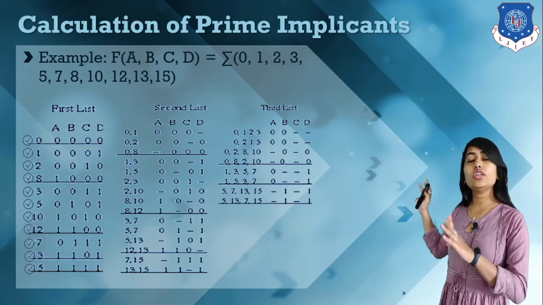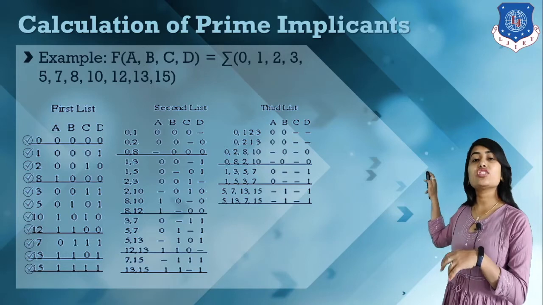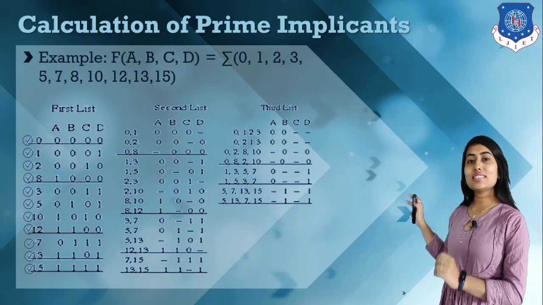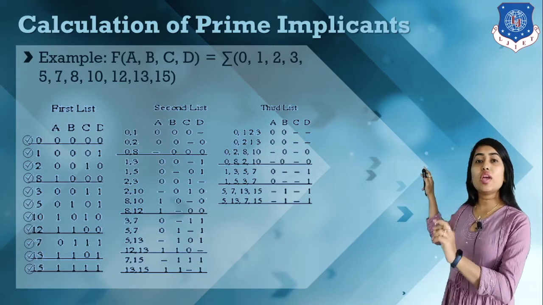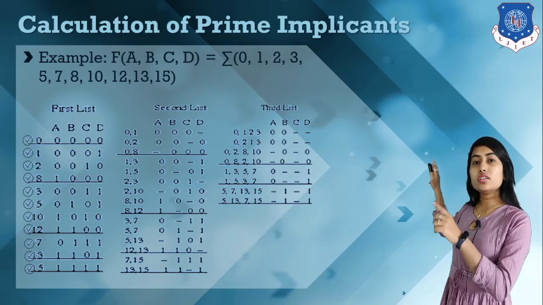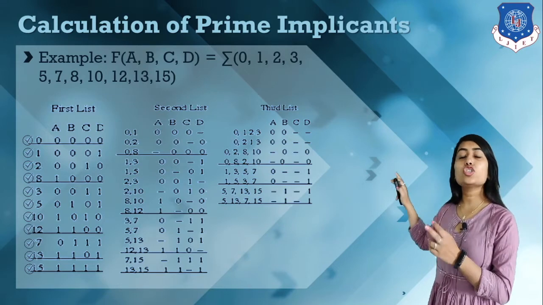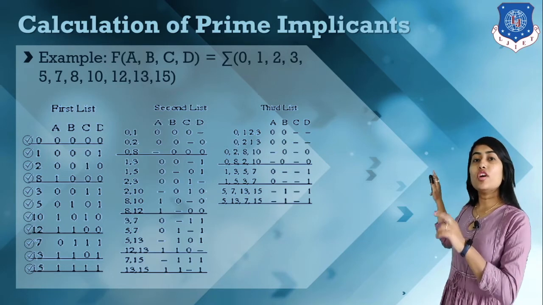0 1 2 3 is written like this, 0 0 dash dash. In 0 1 we have 0 0 0 dash, and in 2 3 we have 0 0 1 dash.